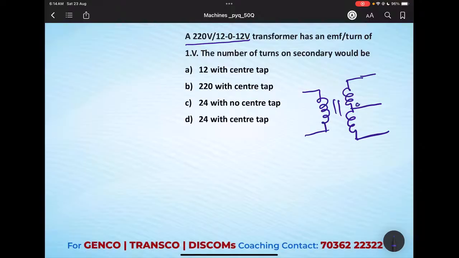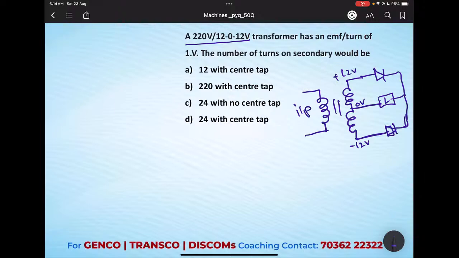At the center it will be 0 volt, here minus 12 volts, here plus 12 volts, like this. The load will be connected like this. You might have studied this in rectifier circuits. So this is the center tap transformer circuit.